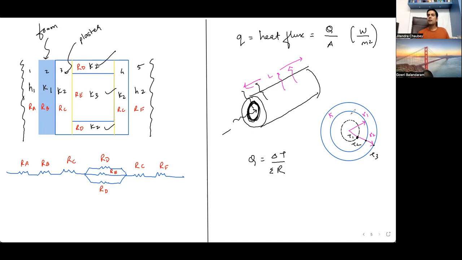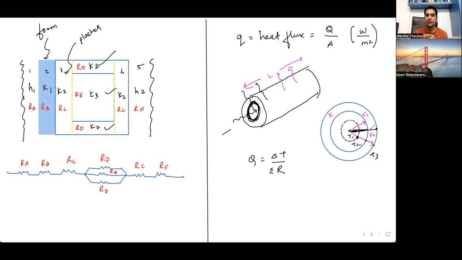When you want to draw the electrical analogy of this configuration, you just focus on any radius throughout, from this center to this radius, and then I will not look at the diagram. From here to here there is a resistance of convection, because the fluid is flowing.